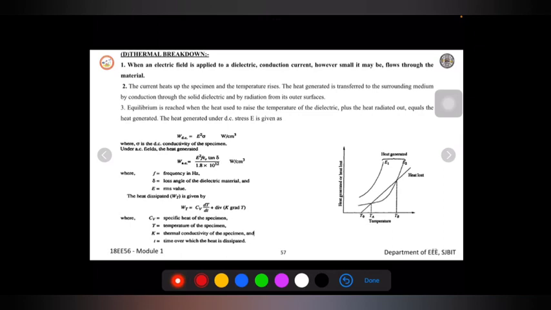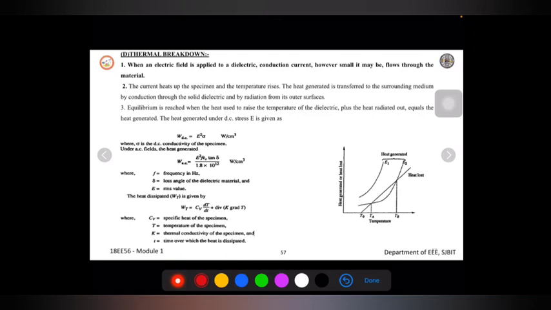When an electric field is applied to a dielectric, the conduction current, however small it may be, flows through the material. That is because of damages when you apply very high voltages. A small amount of current will be flowing through the material. This current heats up the specimen and the temperature will rise.